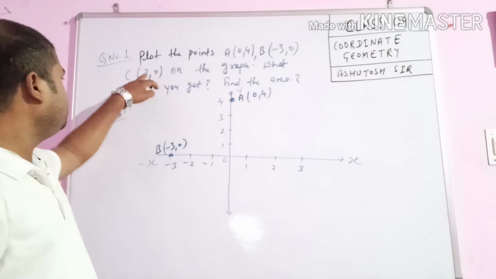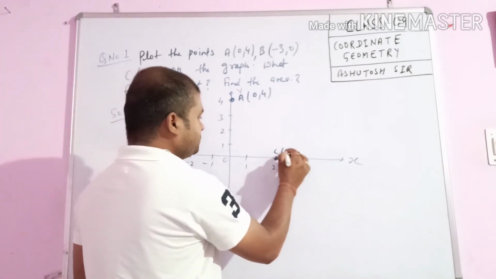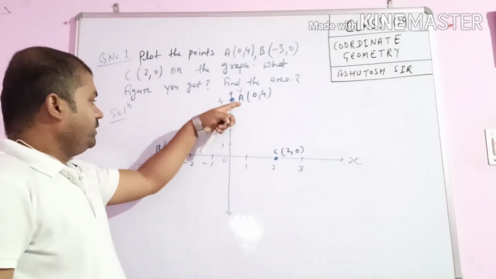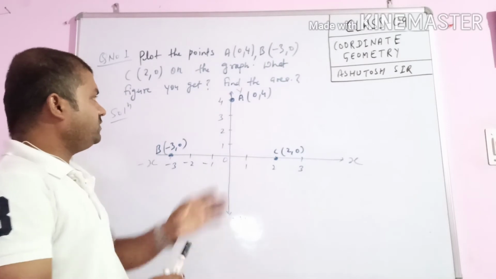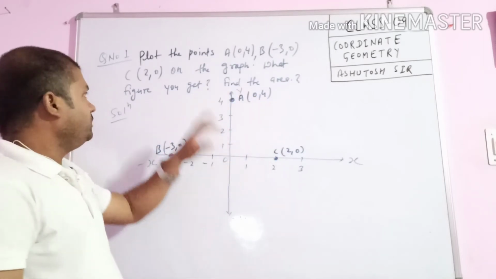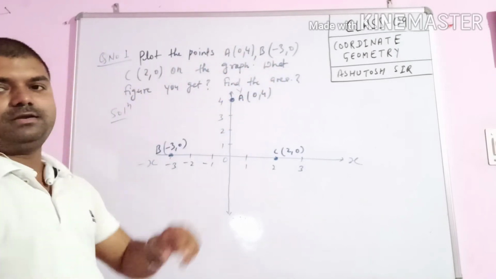And the last one is C 2, 0. The distance on the x-axis is 2 and on the y-axis is 0. After plotting these points, we get three different coordinates A, B, C. In the question, it is asked what figure you get.